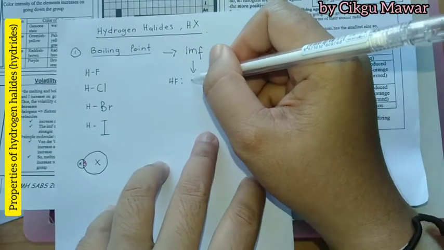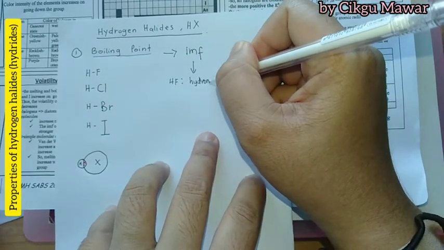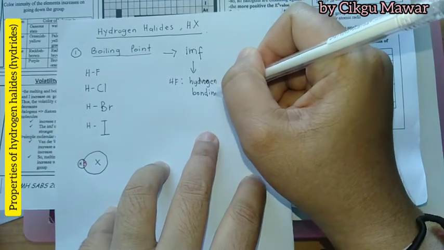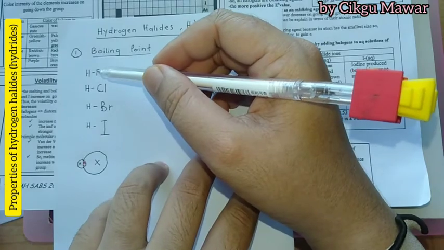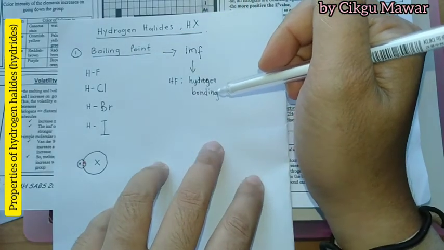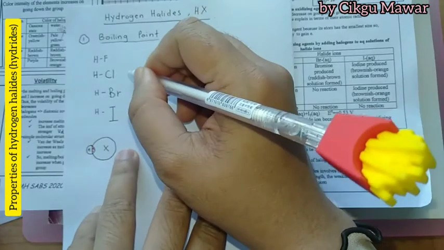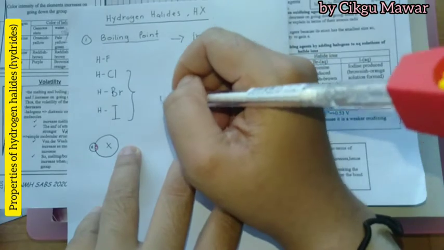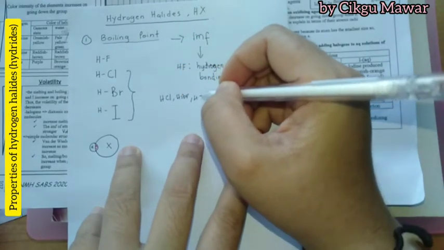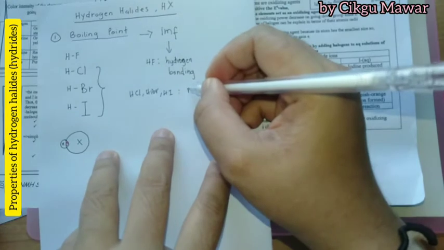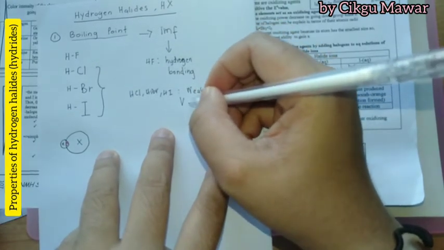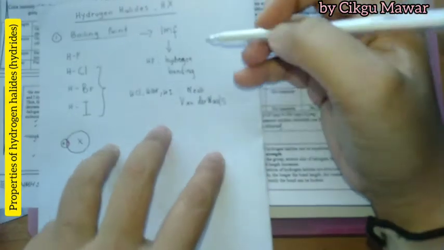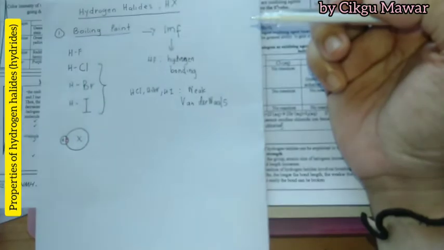It will form hydrogen bonding, which is a stronger intermolecular force compared to weak van der Waals forces, while hydrogen chloride, hydrogen bromide and hydrogen iodide contain weak van der Waals forces.